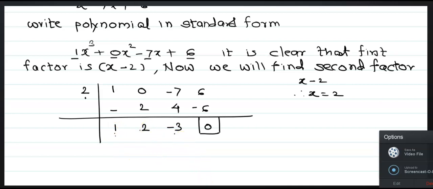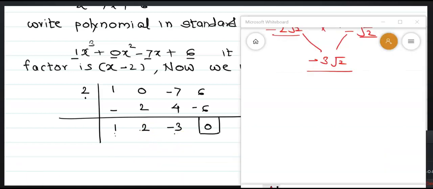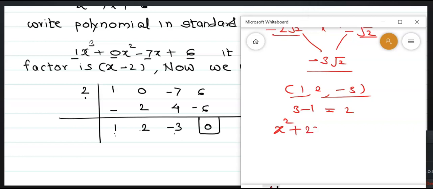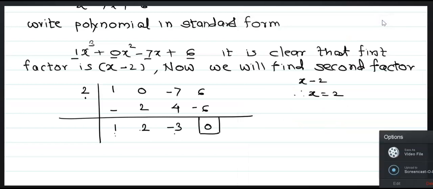Now see the second: that is 1, 2, minus 3. These are the 3. Therefore, the degree is 3 minus 1, that is 2. Therefore, what is the second factor? The second factor is x square plus 2x minus 3. This will be the second factor.